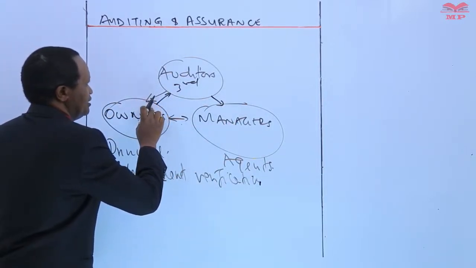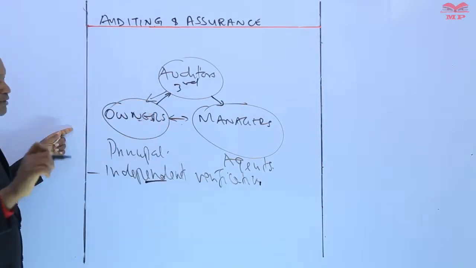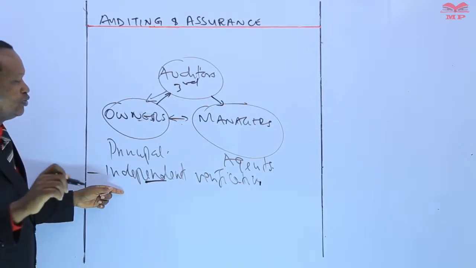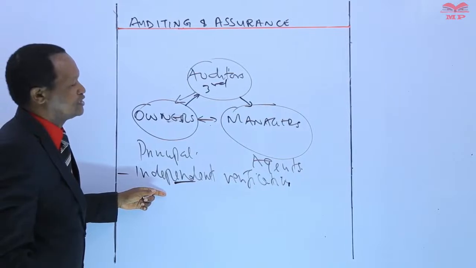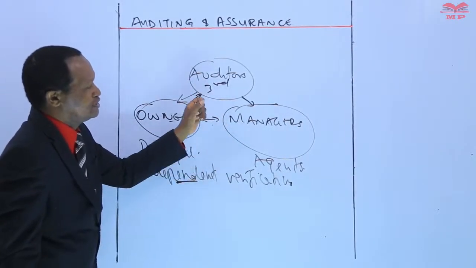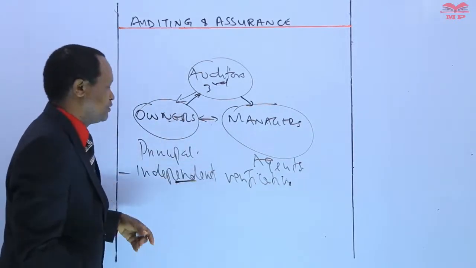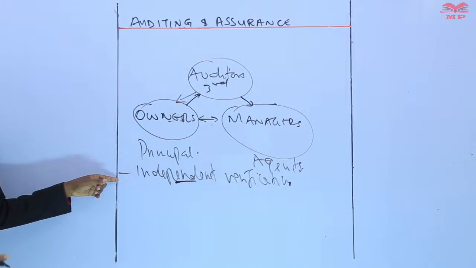His remuneration is determined by the owners. So that makes him an independent third party who independently verifies that the financial statements as presented by management are accurate, fair, and they comply with applicable laws and regulations. You understand?